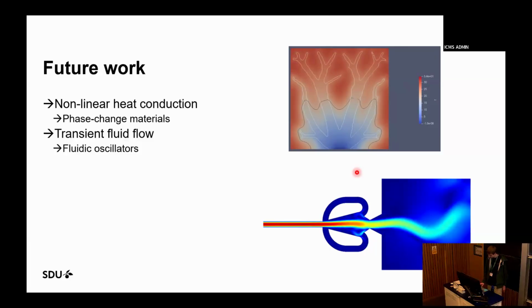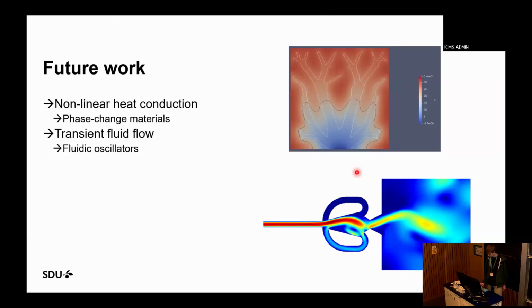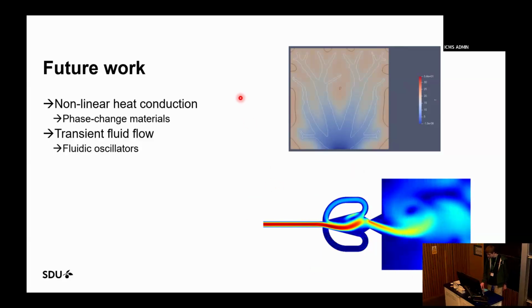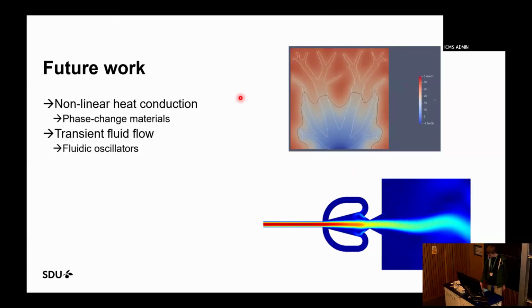So it would be nice to do that, and one of the main bottlenecks in this process is the simulation time. It takes a long time to simulate this. So yeah, that will be interesting.